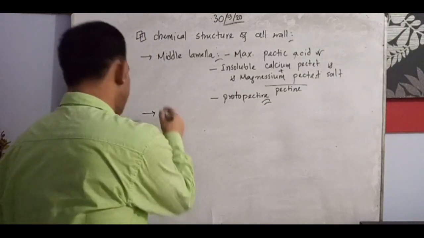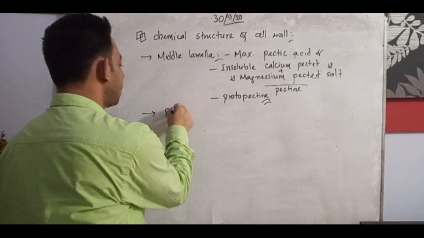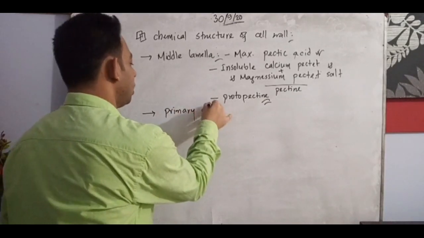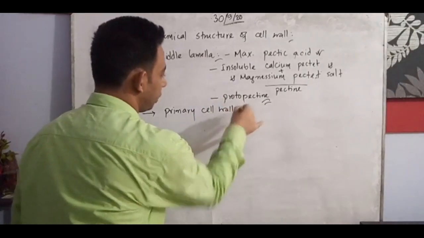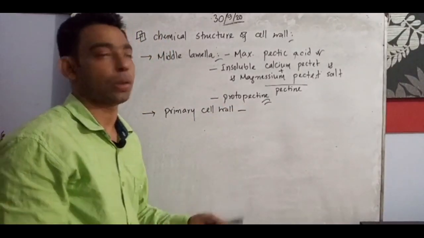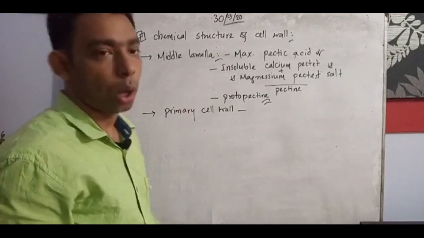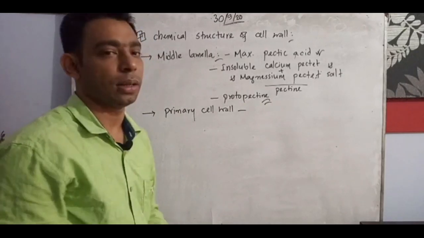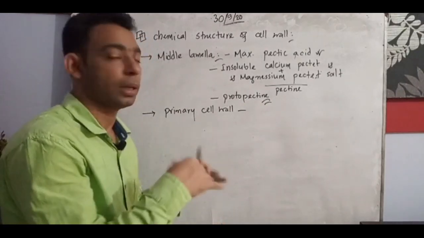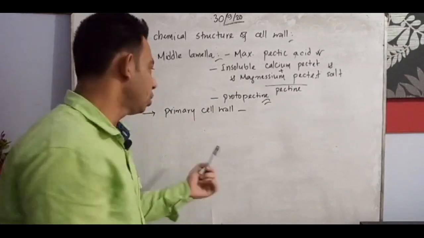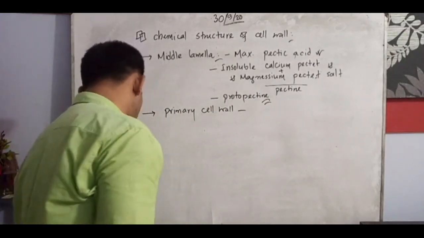Then the primary wall. Chemical structure means what constituents are found in which layer or part of the cell wall. We also know about the physical structure; yesterday we covered that, and today we will know about the primary cell wall constituents.